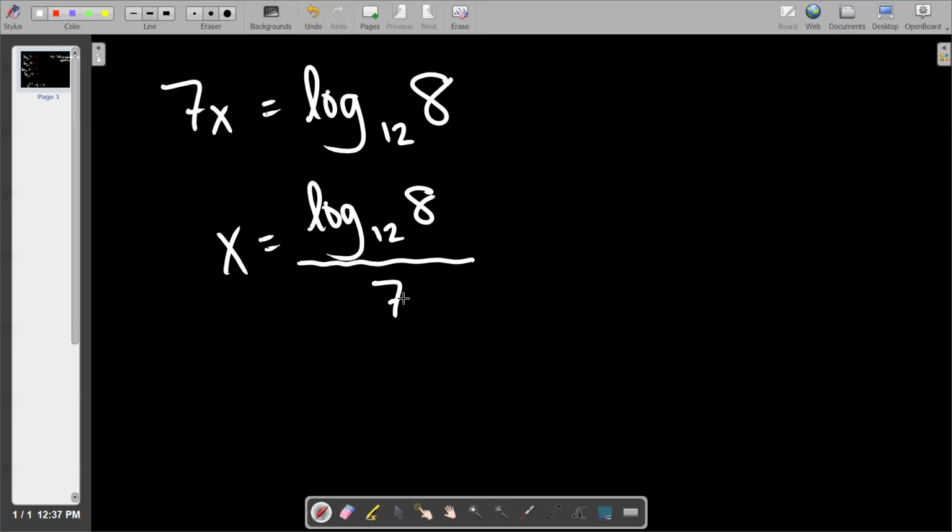Does everybody have that? Just use your arrow keys, or delete if you need to get rid of something. That's right next to the arrows. Okay, so type in your log base 12 and then arrow over into the space and hit 8. And then you can just hit enter if you want to, or just divide it all by 7.